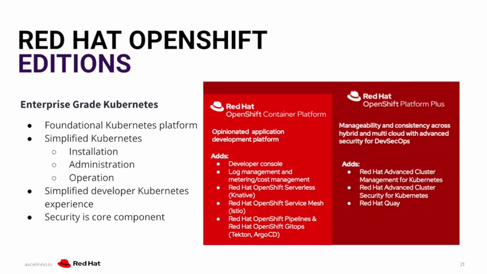Now, I will say that for Advanced Cluster Management, Advanced Cluster Security, and Quay, you do not have to have OpenShift to use those. You can use them on any version of Kubernetes. It also works with OpenShift.